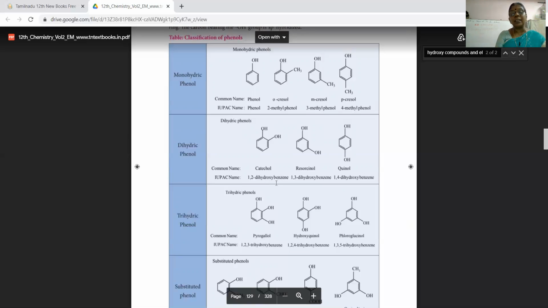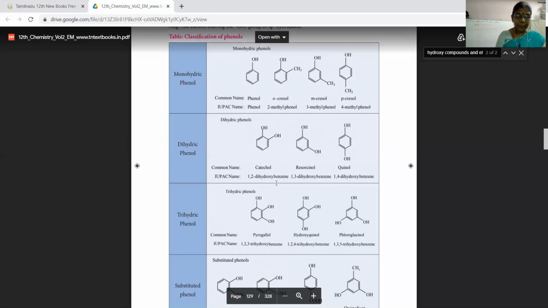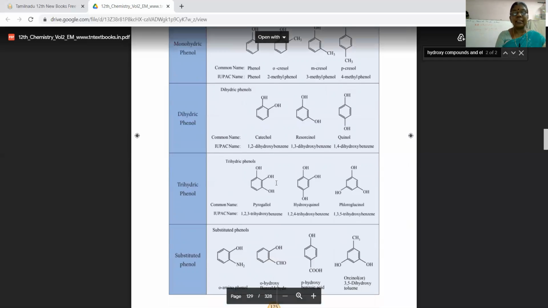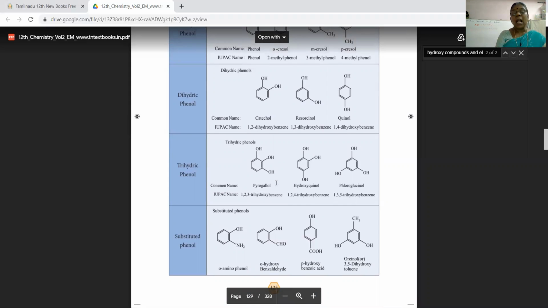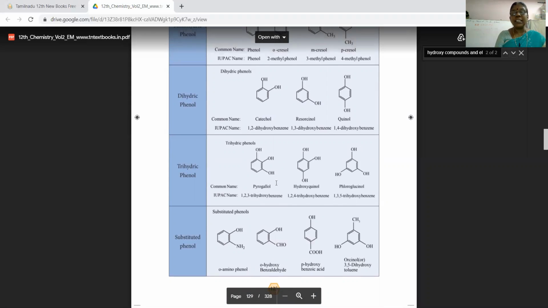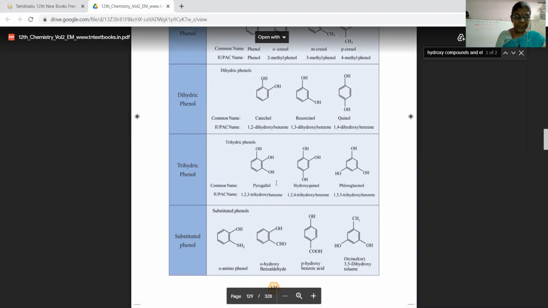Next, 1,3 position is called resorcinol or 1,3-dihydroxybenzene, and if it is in the para position, that is called 1,4-dihydroxybenzene or hydroquinone. And trihydroxy is also the same. If it is in 1,2,3, that is called pyrogallol. If it is in 1,2,4 position, that is called hydroxyquinol. If it is in 1,3,5 position, that is called phloroglucinol.